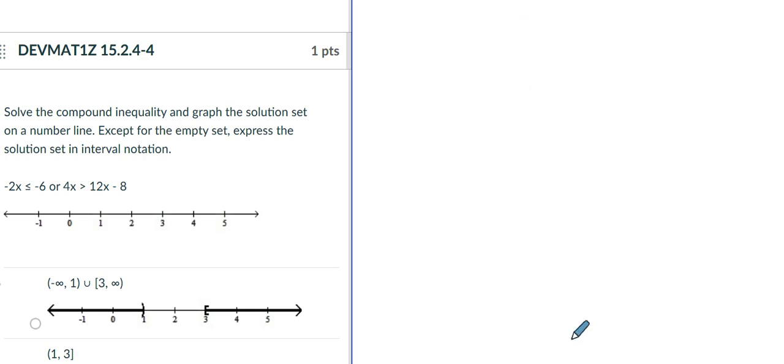Okay. Now let's do 13. Question 13, I like to write here as negative 2x less than or equal to 6. Or, you want to put or, it is no longer and.